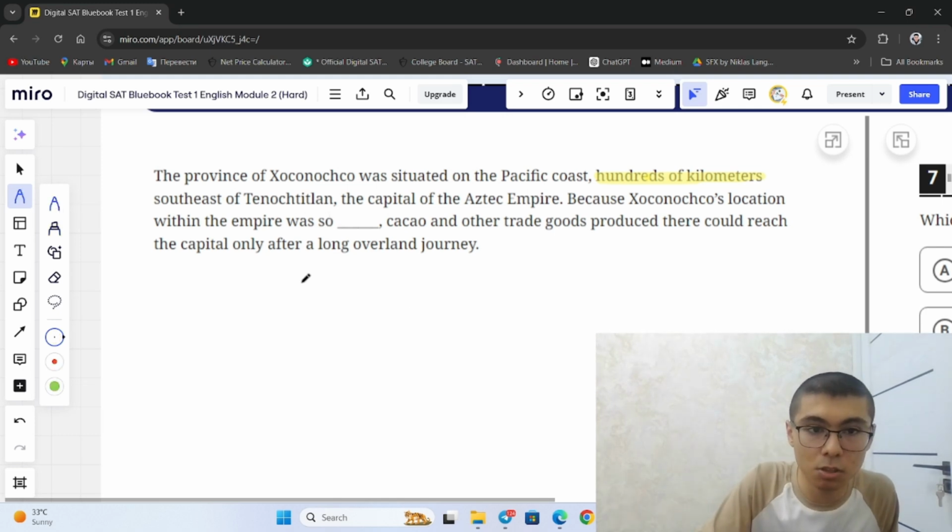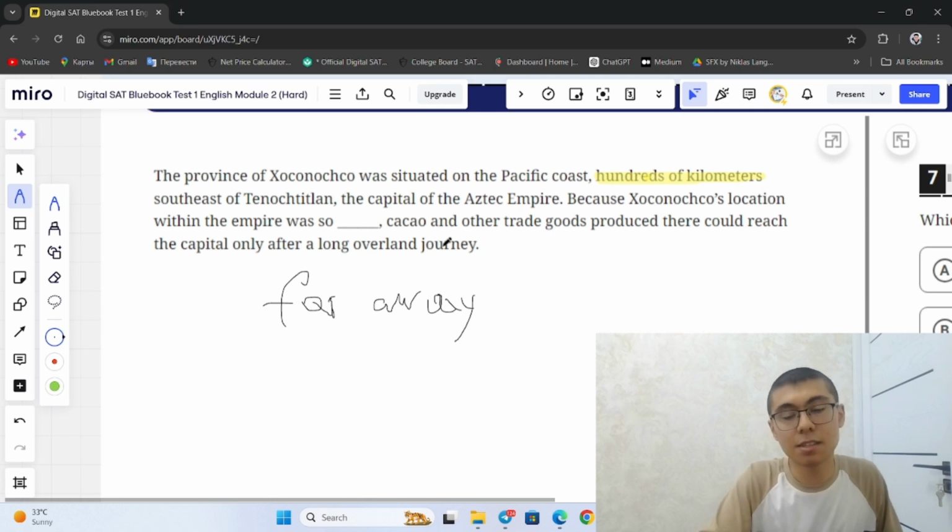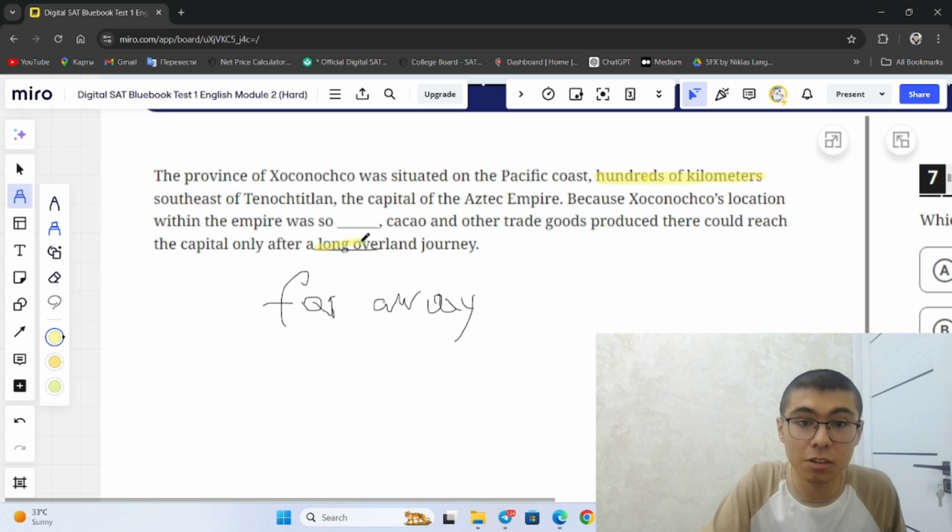So the word I'm looking for is far away. Let's continue reading. Cacao and other trade goods produced there could reach the capital only after a long overland journey. So even here, a long journey.